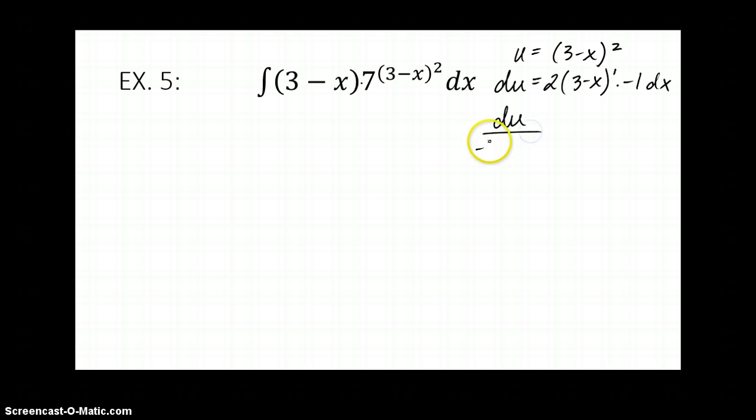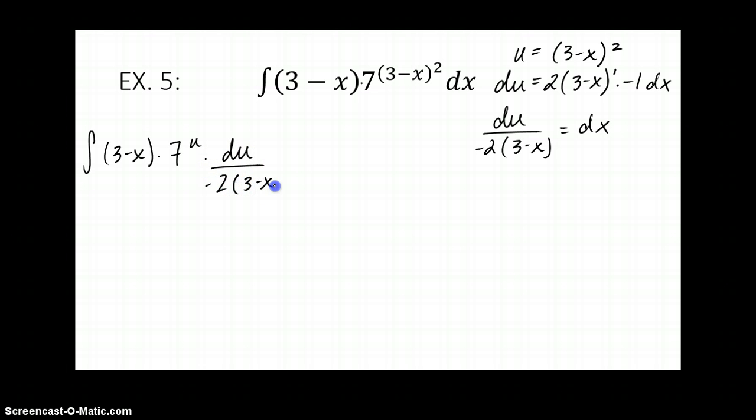So I have du divided by negative 2 times 3 minus x, which is what I'm going to replace dx with. So 3 minus x times 7 to the u times du divided by negative 2 times 3 minus x. My binomial cancels. I bring a negative 1/2 out front.